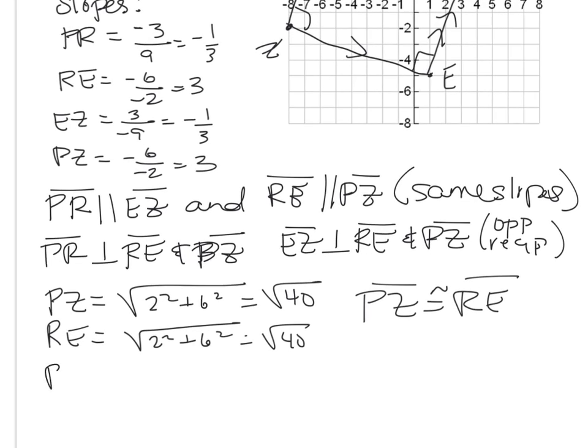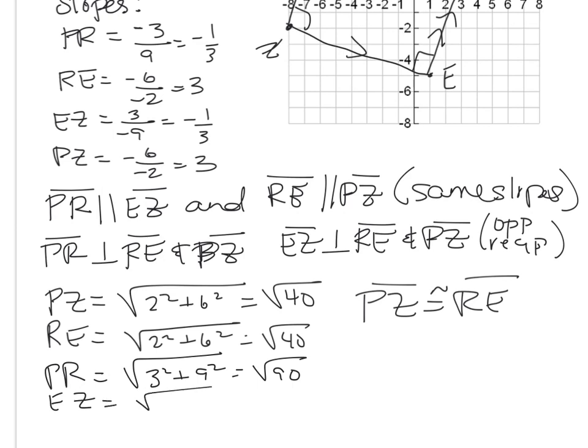And then we have PR, which is equal to the square root of 3 squared plus 9 squared, which is the square root of 90. And EZ is equal to the square root of 3 squared plus 9 squared, which is also the square root of 90.